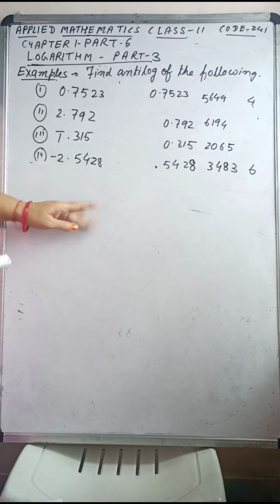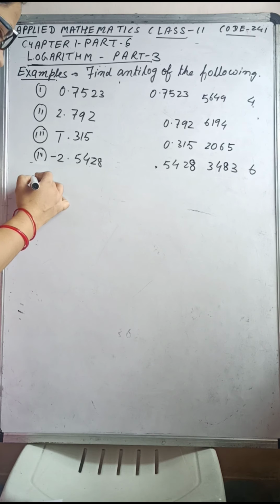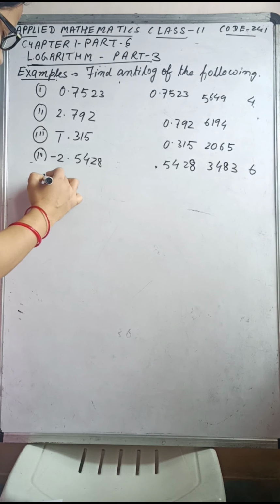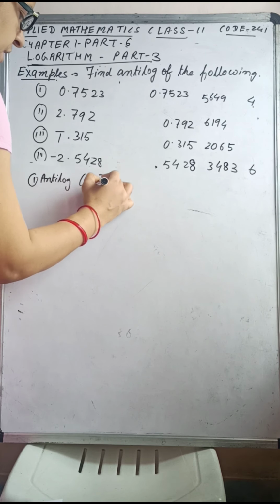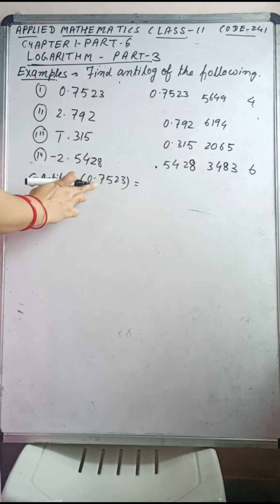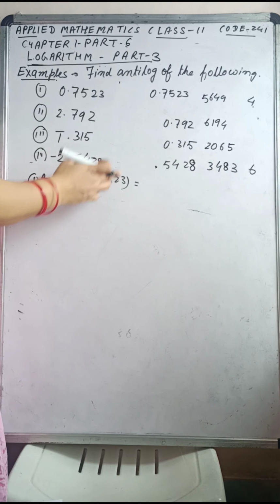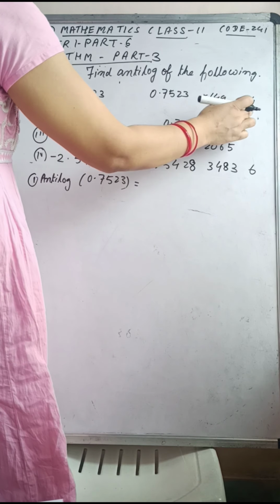So let us find the anti-log of the given examples. Number 1, antilog of 0.7523. So along the row 0.75 in the antilog table, under the column 2 and mean difference 3, the value is 5649 and 4.